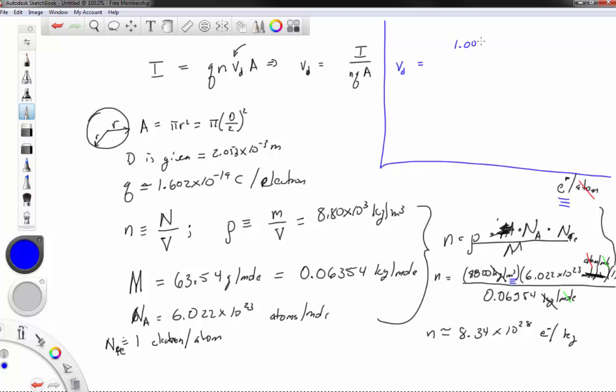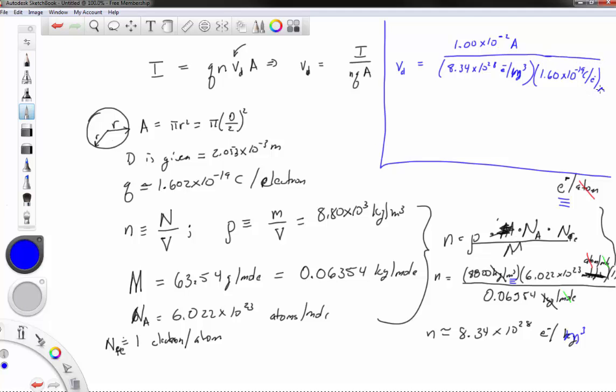milliamps. So that's 1.00 times 10 to the minus 2 amps. You've got to divide that by N, which was 8.34 times 10 to the 28 electrons per, not kilogram, it's per meter cubed. And then that should be times the charge of an electron, 1.60 by 10 to the minus 19 coulombs per electron.